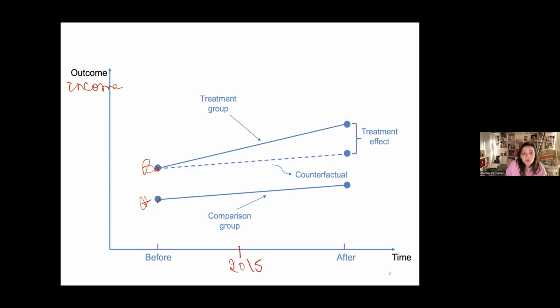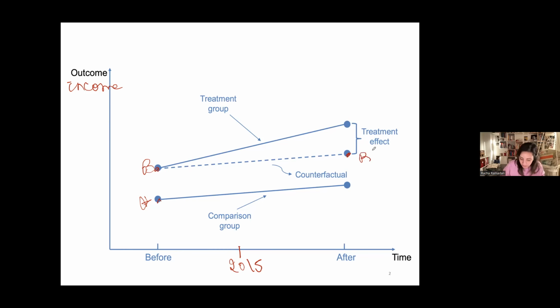Okay, so assume that group A and group B had their levels of income different in the years before 2015, before the treatment or before joining this group. Okay, B had already a higher income level than A, and if nothing changed over the time, B will continue having higher level.